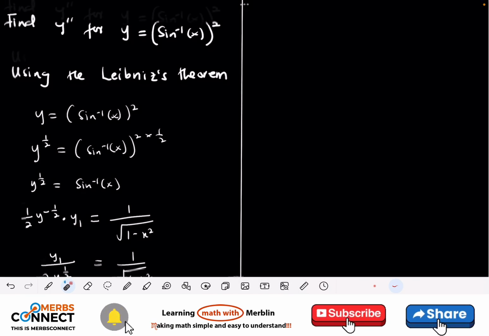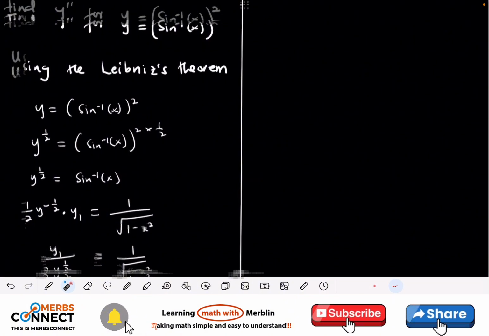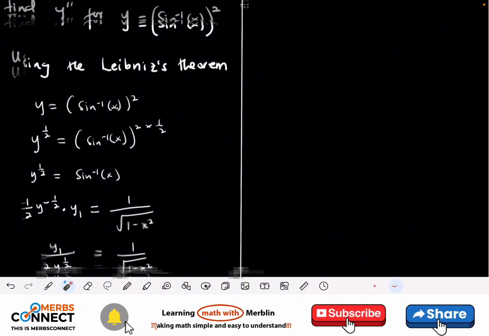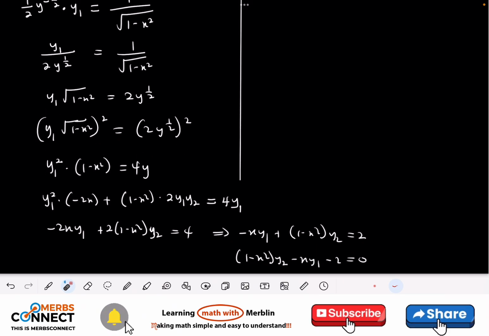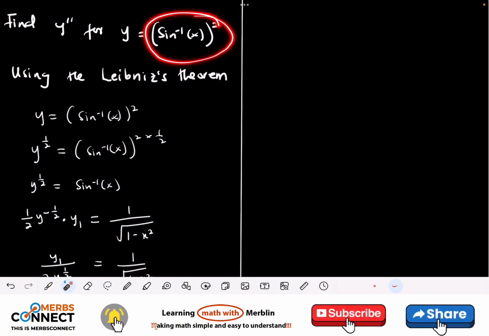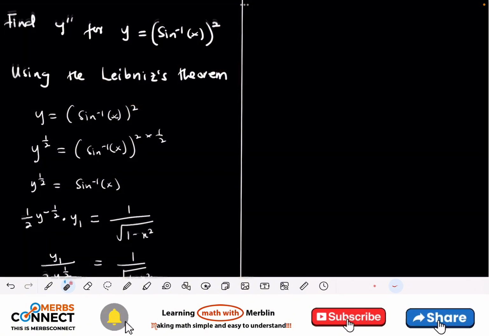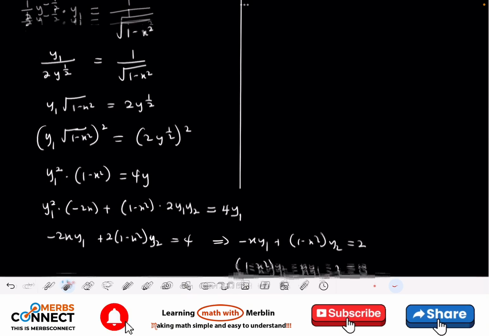But if it's section A, always check the answer before you start solving it. Because maybe you are using this way, but your results are not going to give you the solution that you are supposed to get here, and maybe you need to differentiate straight. But since the question is asking to use the Leibniz theorem, it's better for you to go through this process.